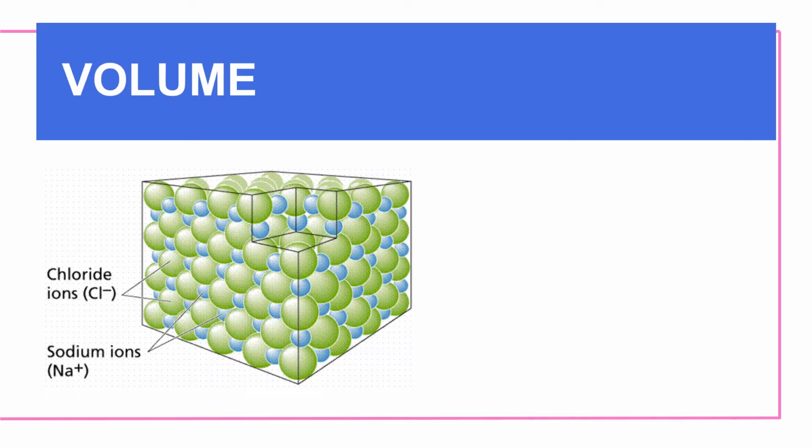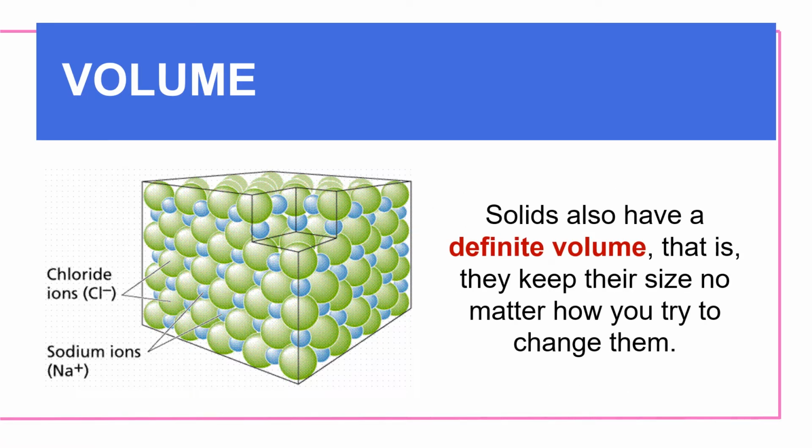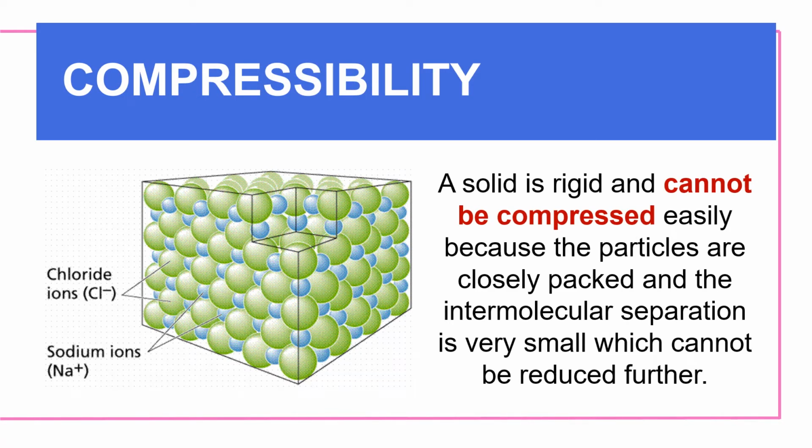Solids also have a definite volume. That is, they keep their size no matter how you try to change them. A solid is rigid and cannot be compressed easily because the particles are closely packed and the intermolecular separation is very small, which cannot be reduced further.